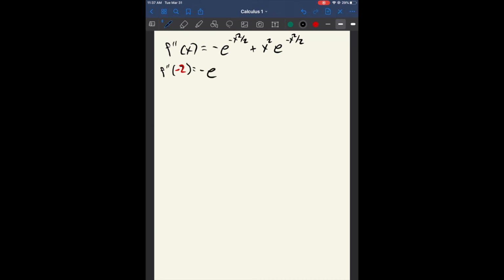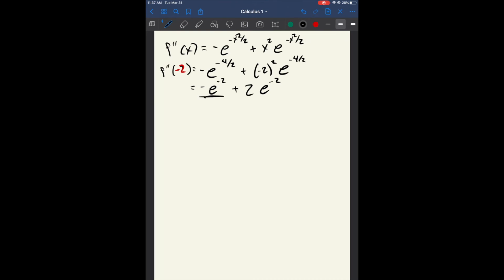Okay. So if we do that, we're going to get minus e to the minus, so this is going to be a 4 up here over 2, plus minus 2 squared e to the minus 4 over 2 here. Okay, so this is going to give me minus e to the minus 2. That squared is going to take care of that negative, so this is actually plus 2 e to the minus 2.